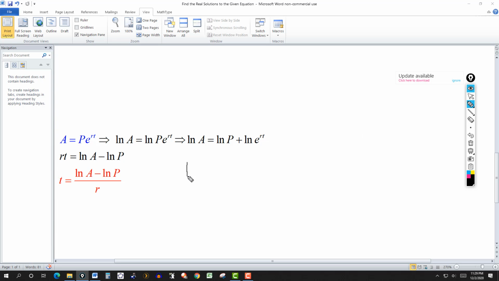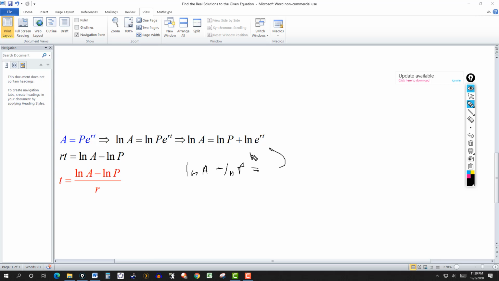And I just put it on the left side. So what I did is ln of A, brought this over, becomes minus ln of P. That's going to equal RT here.